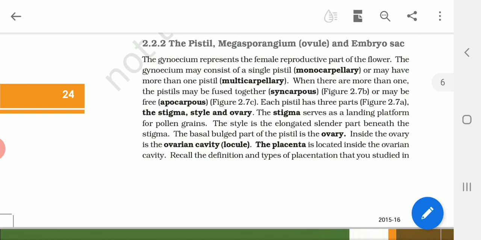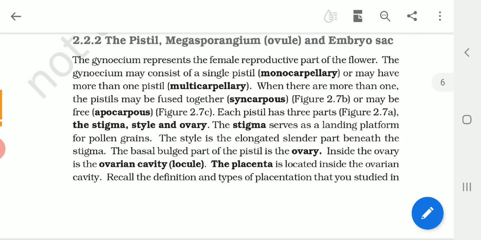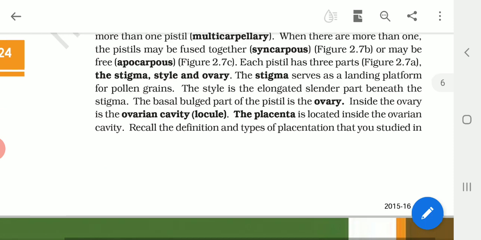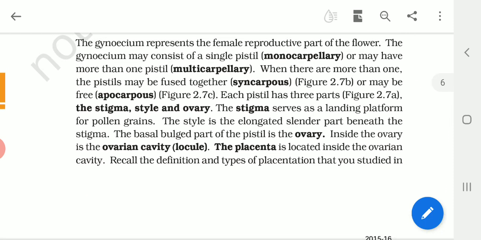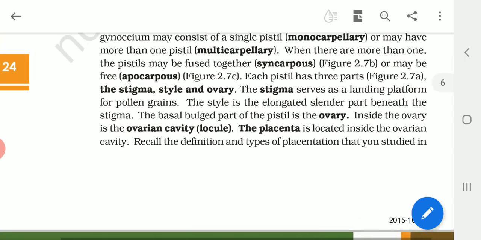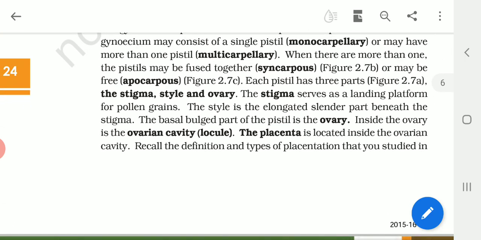If the gynoecium consists of a single pistil, it is called monocarpellary, and if it contains more than one, it is called multicarpellary. If these carpels are fused, they are called syncarpous. Syn means united. And if they are free, they are called apocarpous.